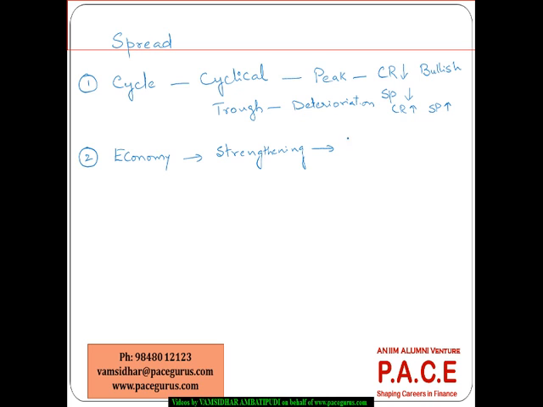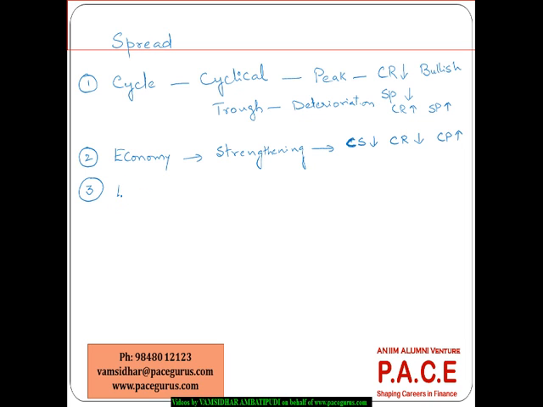The more it is strengthening, the more the credit spread is going to narrow down because the credit risk is typically going down, and the credit position of the company is going to improve in this particular scenario. So look at the economy: is it moving towards the strengthening phase or is it traveling towards the weakening phase?